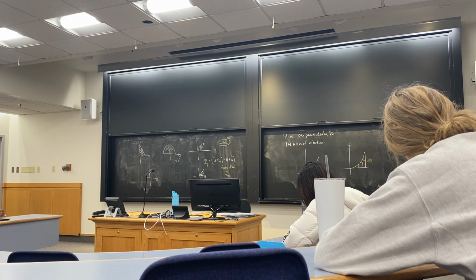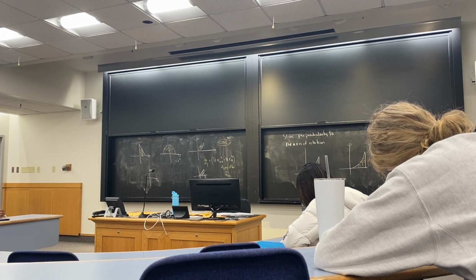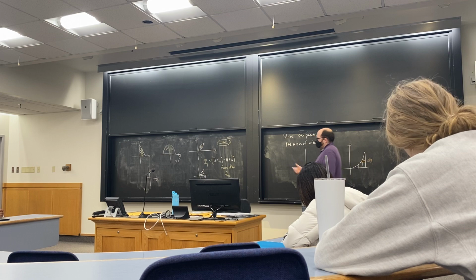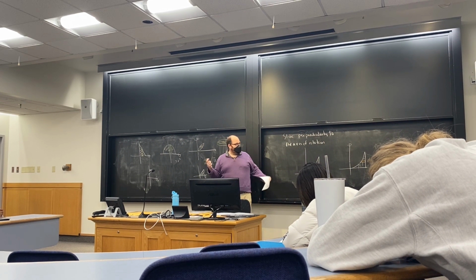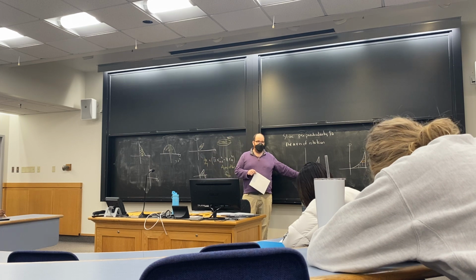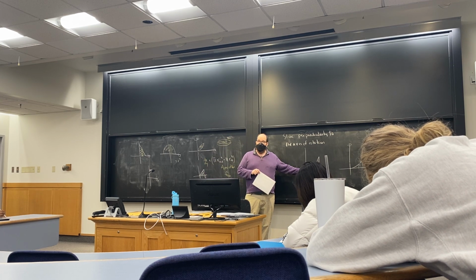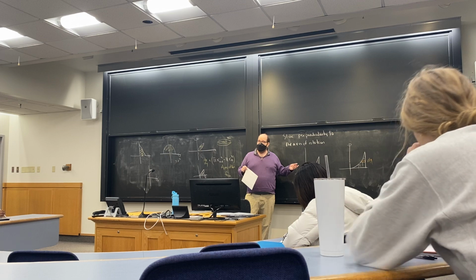Does that make sense? So by setting up and drawing the picture, I'll know if it's dx or dy. What's left to find is the volume of each little slice. Okay?